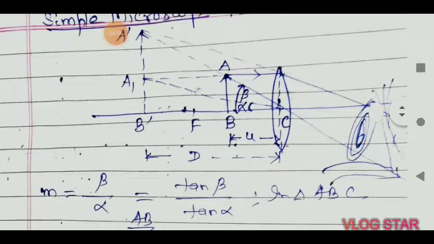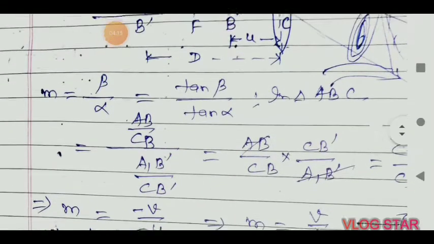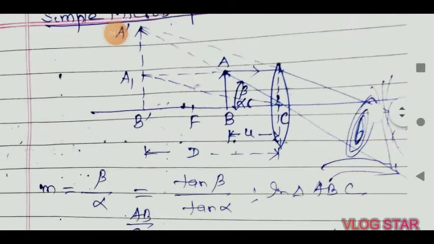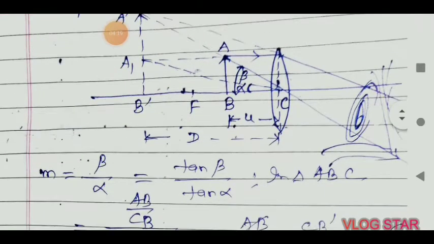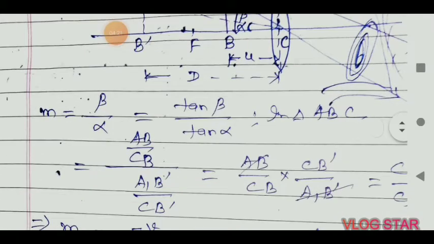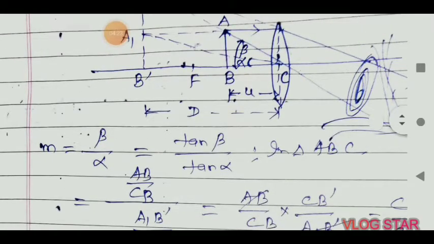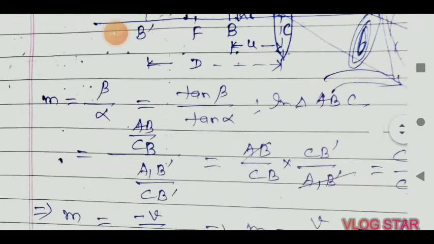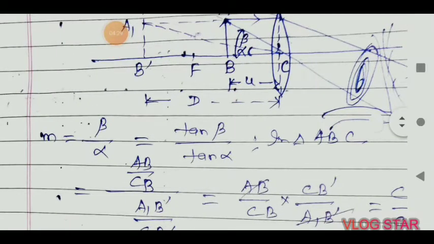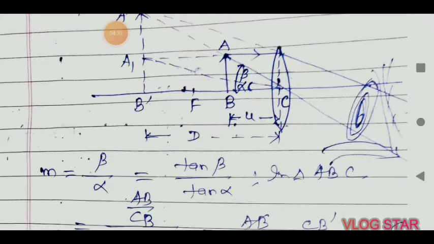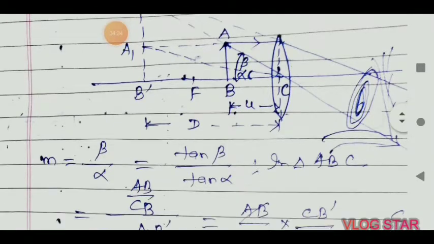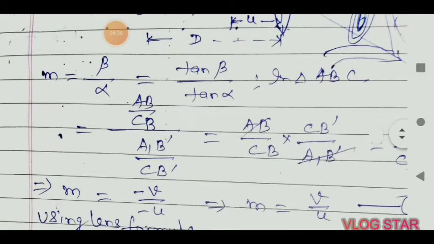Now we will put the value of tan beta, that is A dash B dash upon B dash C. Sorry, tan alpha is the object AB, that is AB upon CB, and tan beta, that is A1 B dash upon CB dash.